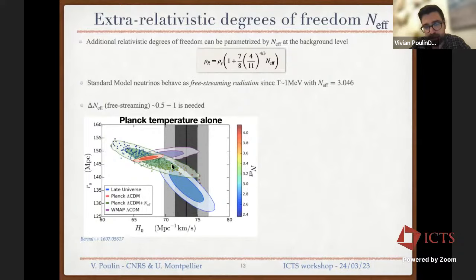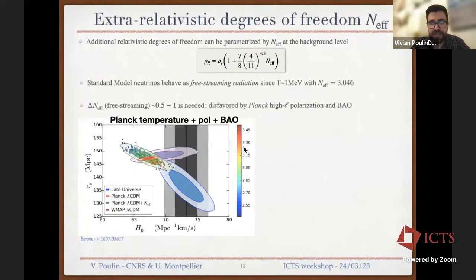And in principle, with N effective that reaches something like 0.5 to 1, you could imagine resolving the tension. However, this is from temperature alone, and we have polarization measurements, and we also have baryonic acoustic oscillation measurements, as I have mentioned, that are two additional data sets that provide very strong constraints on N effective. And you see that as soon as you add this data, this possibility is really reduced.